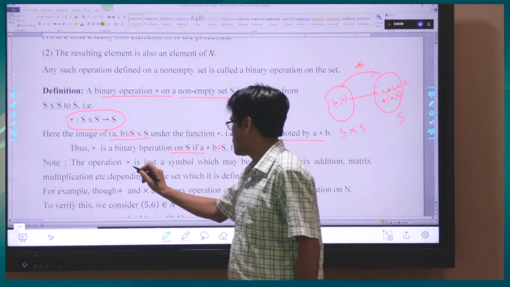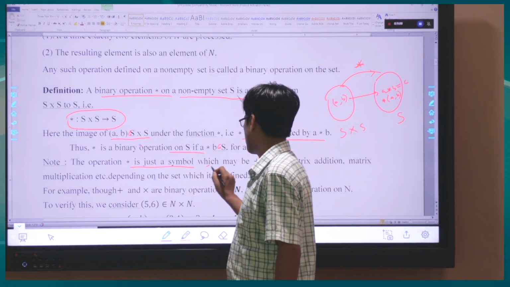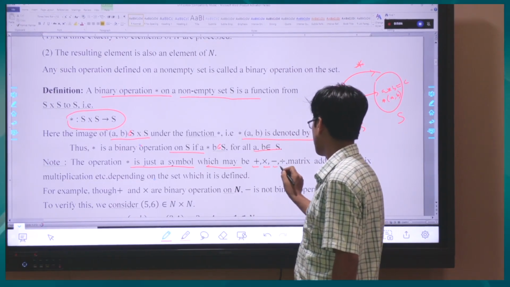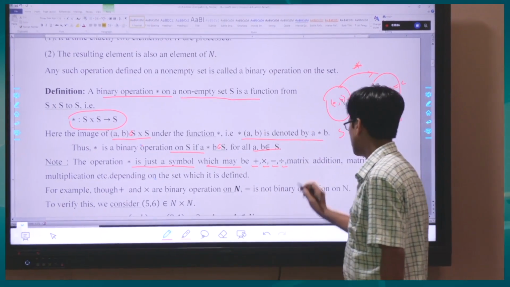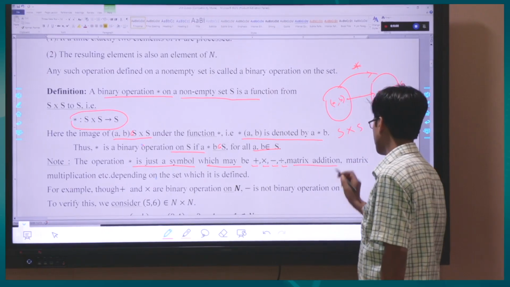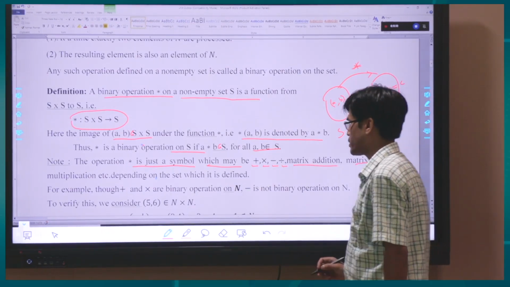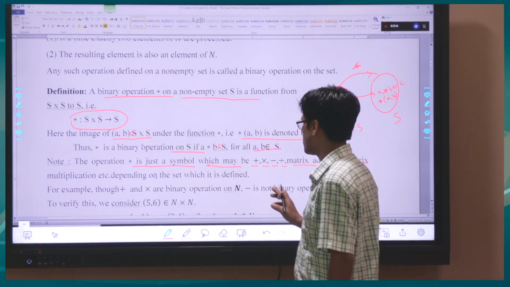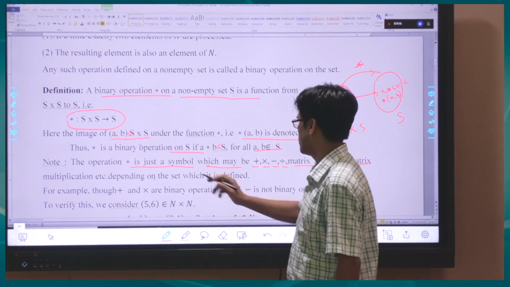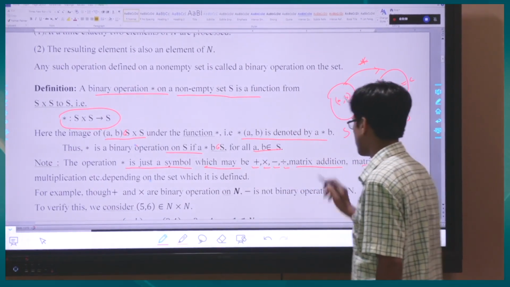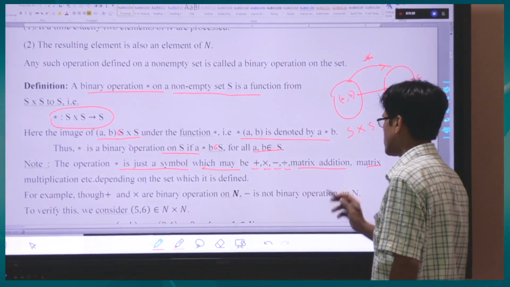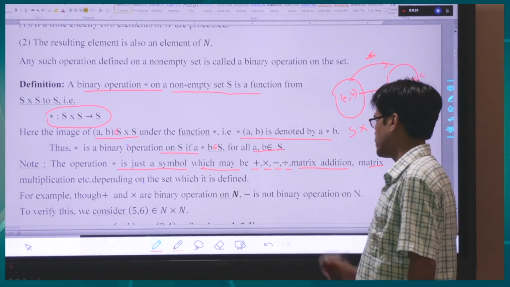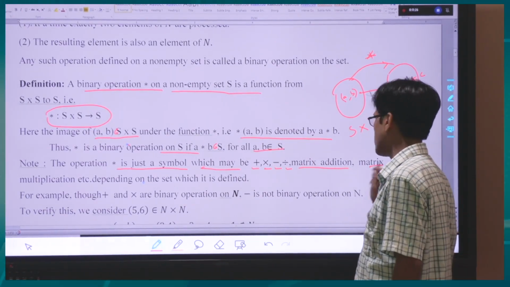Here star is just a symbol which may represent addition, multiplication, subtraction, division, matrix addition and matrix multiplication, depending on the set on which it is defined.